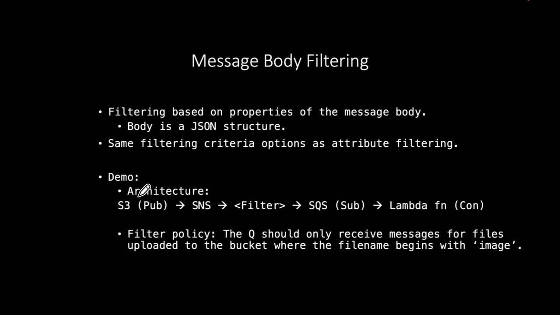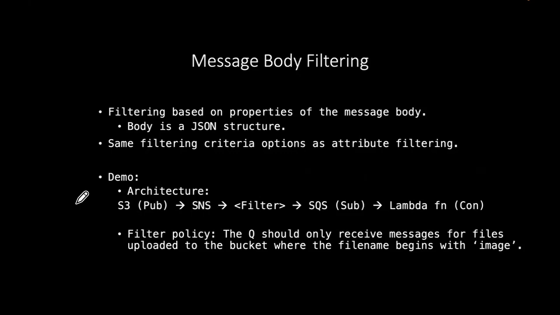And in this case, our little demo is very similar to what you're doing in the lab. And in fact, you'll be implementing this filtering in the last section of the lab. So as you know, in the lab, we have the AWS CLI over here on the left.